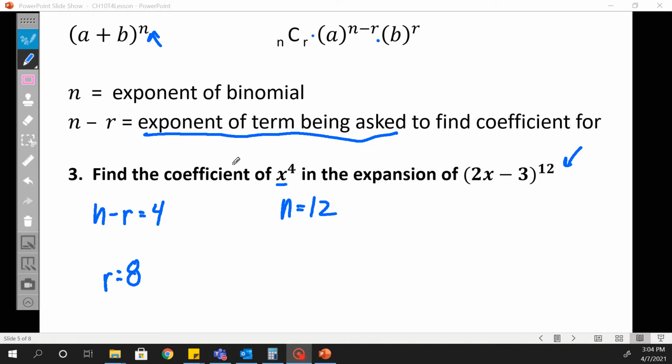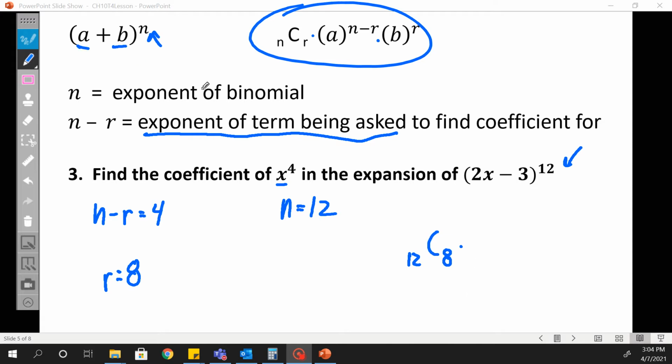So now we can use this in the formula. So we got n choose r. So that's 12 choose 8 times a. This is a plus b, so a in this case is 2x, and negative 3 would be b.